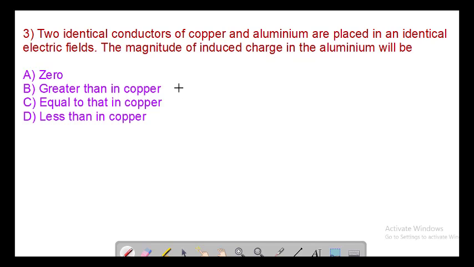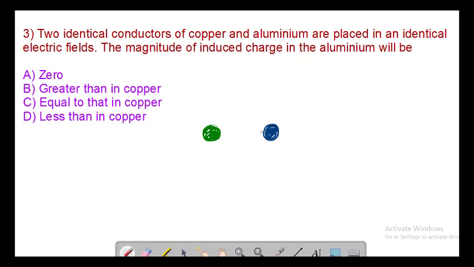Two identical conductors of copper and aluminium are placed in identical electric fields. The magnitude of induced charge in the aluminium will be. Now see, whether it is aluminium or copper, if they are placed in any external field, what happens?